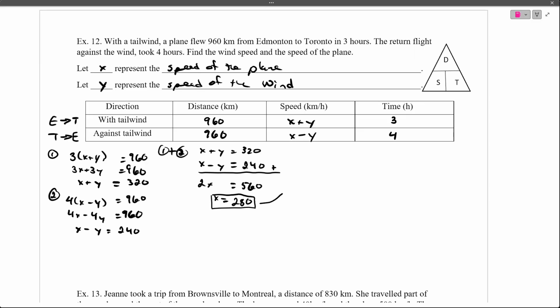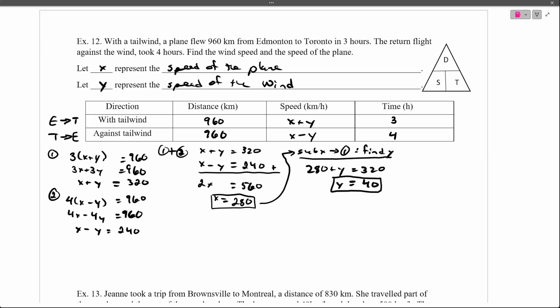Okay, let's substitute this back in. We're going to sub x into, let's say, equation 1, to find y. Equation 1 is x plus y, so 280 plus y is equal to 320. That means y is equal to 40 kilometers per hour.